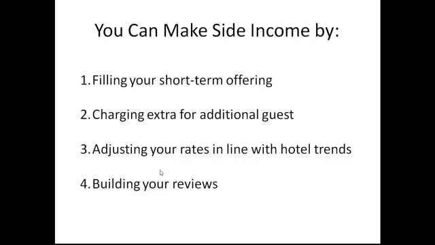That's how you can make the extra money more than a regular landlord would. And building up your reviews. Your reviews are everything. Even when you're operating as a long-term landlord, if you have a happy tenant, you want them to take a selfie and write a nice review for you so you can use it on your website or somewhere in your marketing.